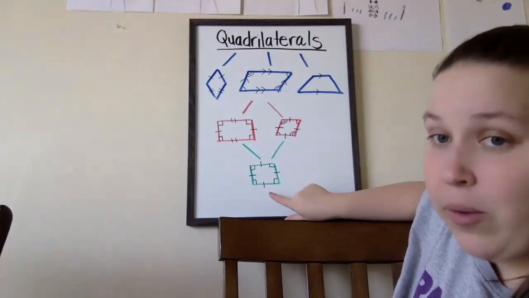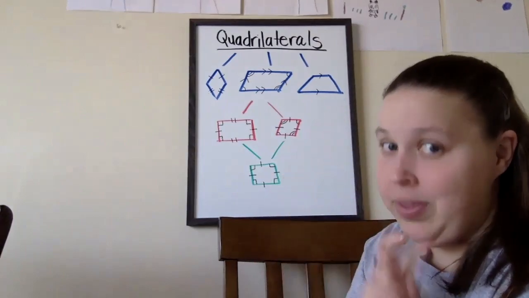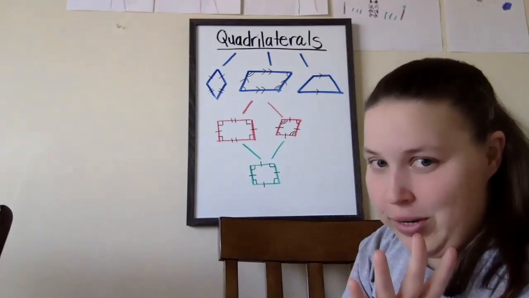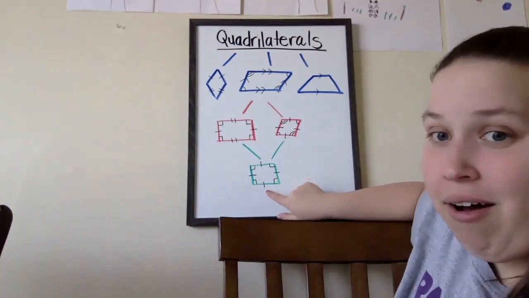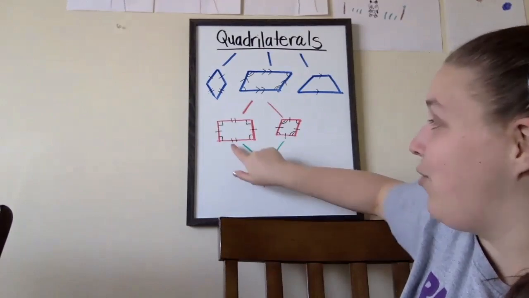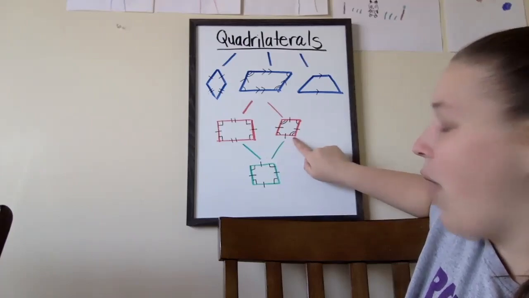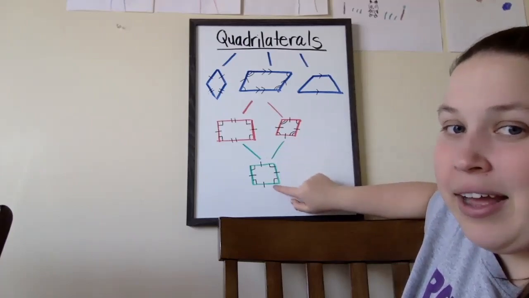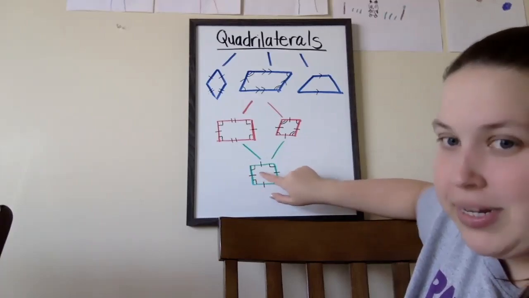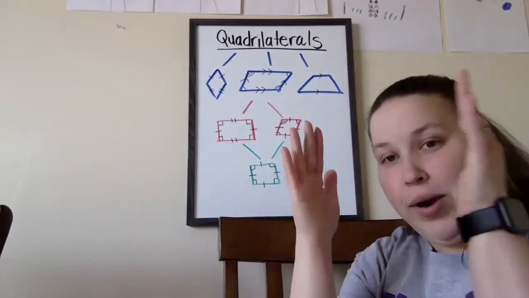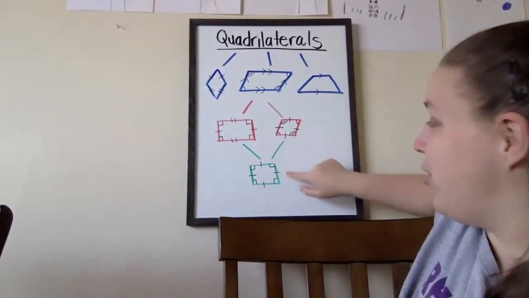A square has two sets of parallel sides, all four sides are congruent and it has four right angles. So it matches all the attributes needed for a square and all the attributes needed for a rhombus. Now, if it only had opposite angles congruent, then this would just be a rhombus. That's why a lot of times we say rhombuses look like squares kind of tilted where the angles are.